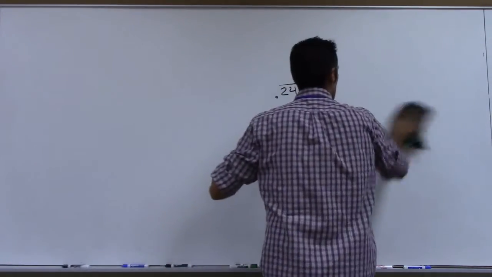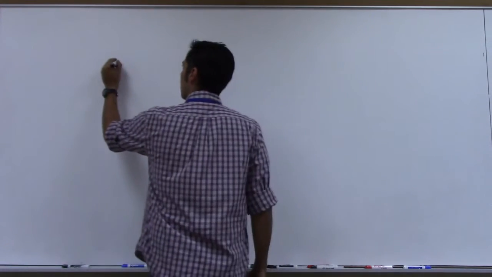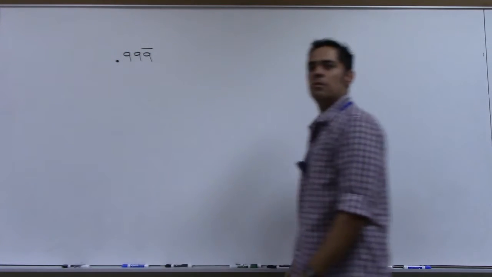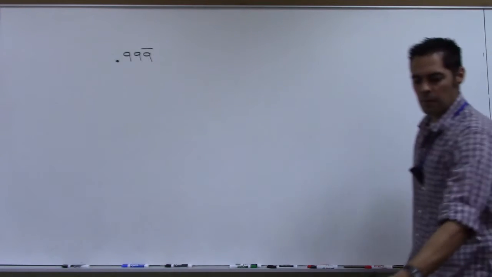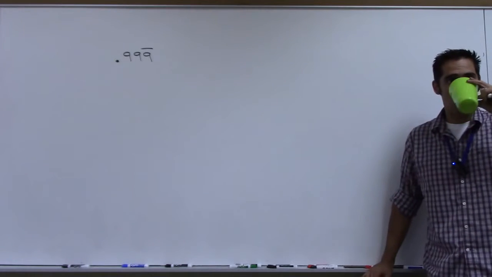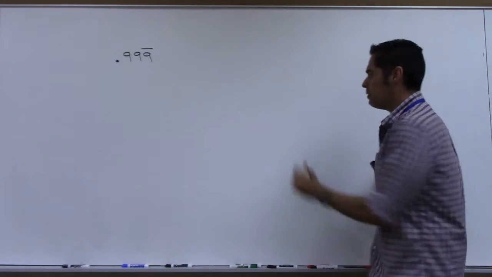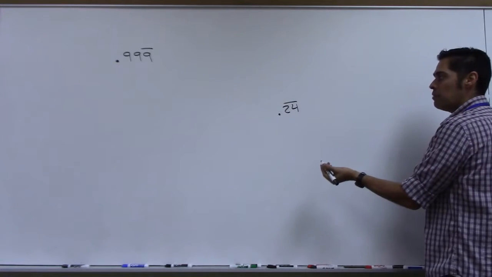The last thing that I'll mention here is a classic problem of what is 0.999 forever equal to. Rewrite that as a fraction. If you follow what I just said, like for 0.244 forever, I said, what did you have to do?